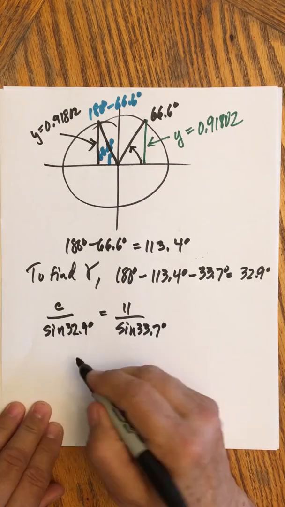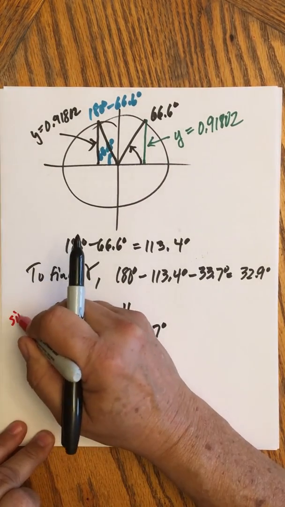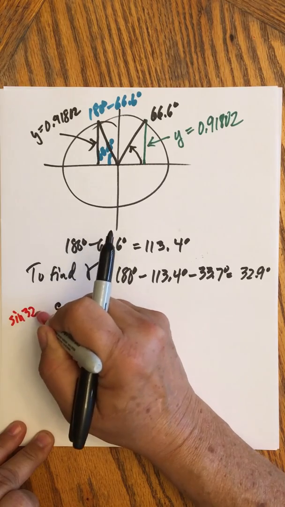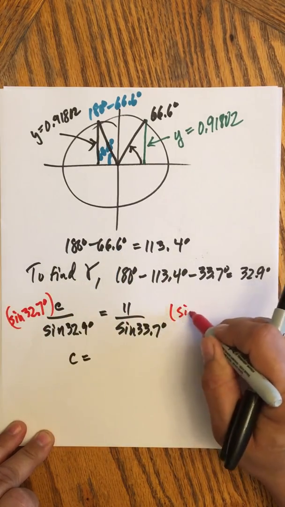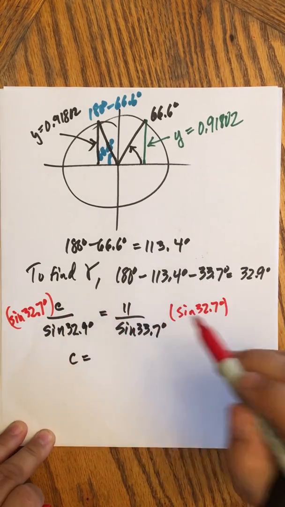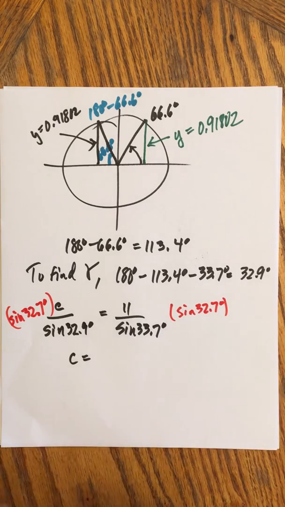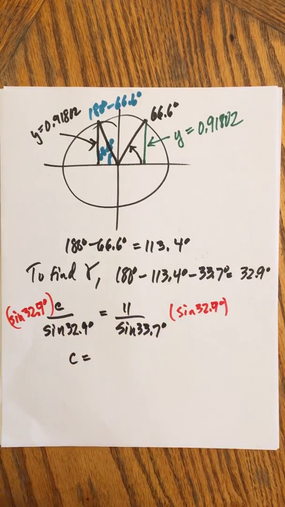So now this is kind of nice because you can just multiply both sides by sine 32.9 degrees, just some number. Sorry, I said 32.7, it's 32.9.